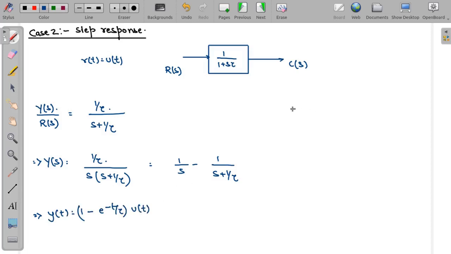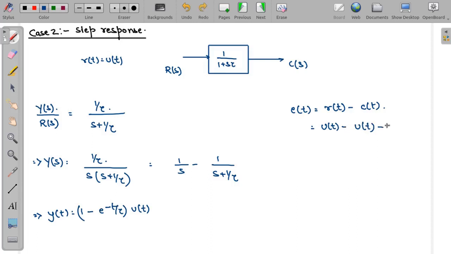Now over here if you calculate the error, error is r(t) minus c(t). So r(t) is u(t) minus c(t). I can take this u(t) inside, so minus u(t) plus, and why plus? Because this is minus over here and we also have a minus over here, so minus minus will be plus.